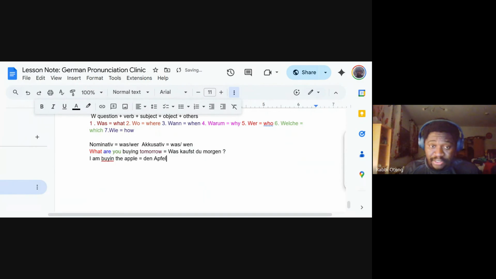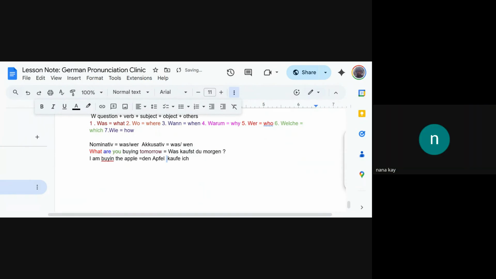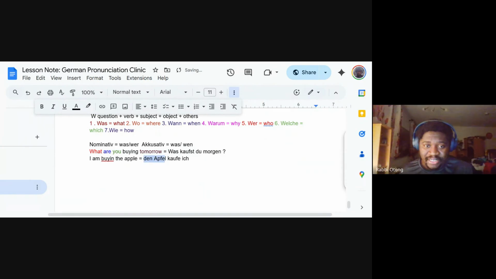A better sentence, with the direct object first: Den Apfel kaufe ich. The apple stays here, because the "what" is the Apfel. So accusative: for masculine nouns as direct objects, the article changes to den.